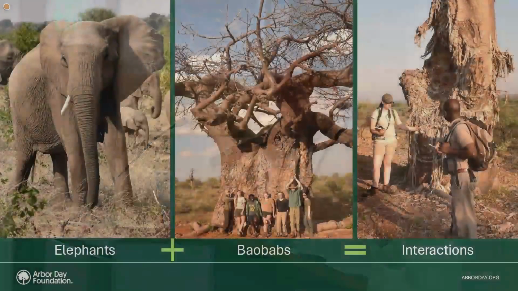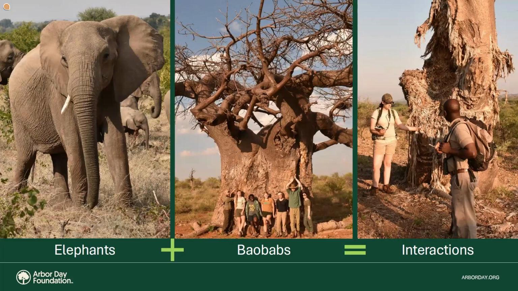So if your first thought is there are no elephants in Indiana, I get you. I understand that. There are also no elephants in Minnesota. However, a few years ago, I got to work in Botswana, working with students and doing a research project.